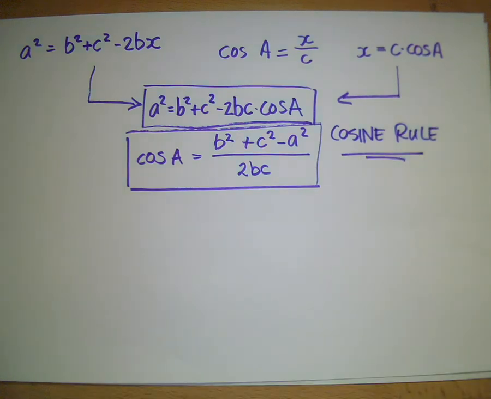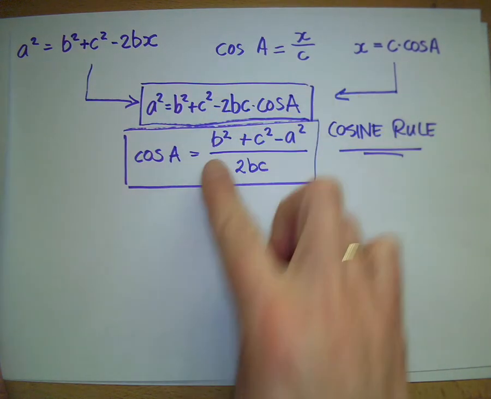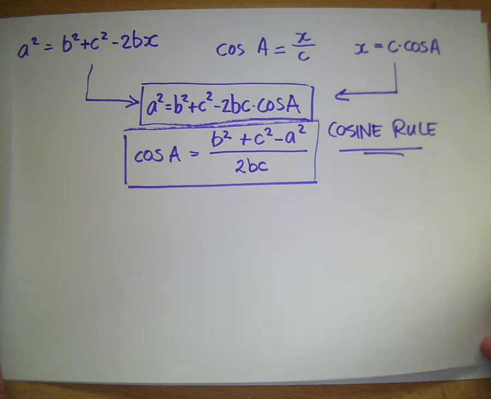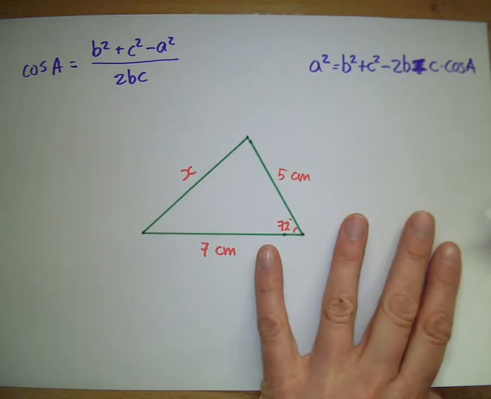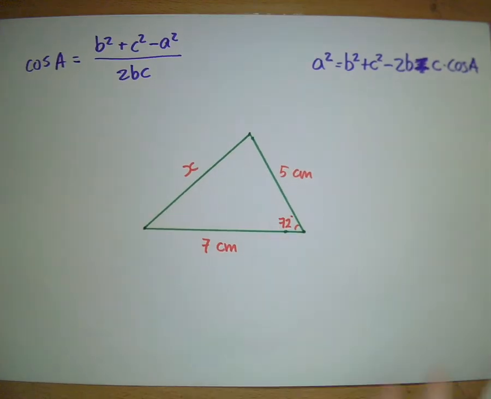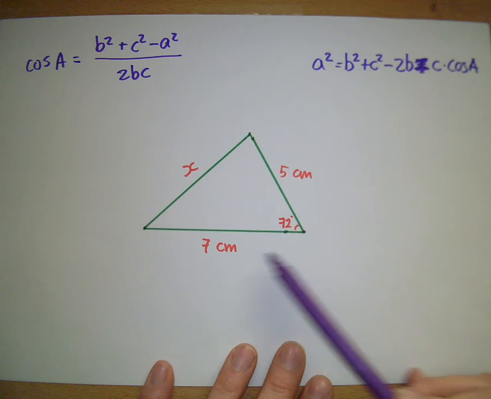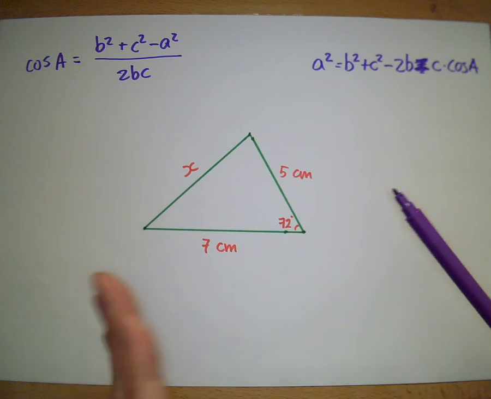Okay. And just like with the sine rule, one of these two forms of the cosine rule is easier to use when finding an angle, and the other one is easier to use when finding a side. Look at my first example. I have 3 sides and 1 angle, right? Cosine rule situation.